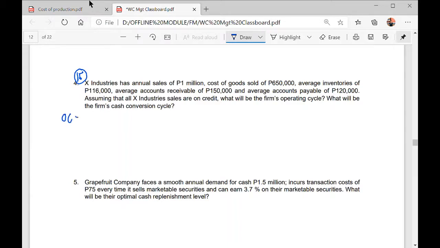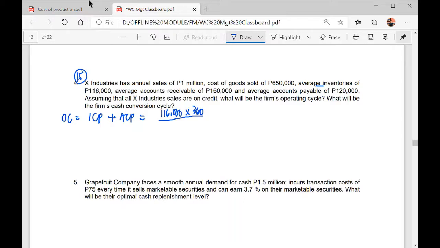So you have inventory days or ICP, inventory conversion period, plus ACP. So asa man ang gamiton nga amount ani? So average inventories is 116, and then times, so let's use 360. Pwede po kung 365 ang required, 365 po datong gamiton.